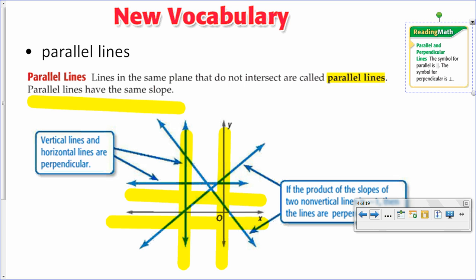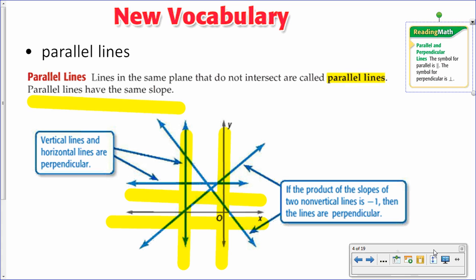So if I'm writing equations for parallel lines and I have an equation for one line, will I know the slope for the other equation that I'm writing? Yeah. Then all I got to do is find the y-intercept. That's basically what we're doing with these.